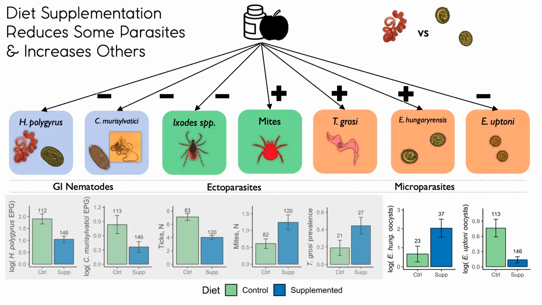So it's likely that unless there's that competitive interaction, we just see a reduction in the other Eimeria species. So this indicates that not only are there diverse impacts of nutrition on multiple parasites, sometimes in different directions, but that the interactions between the parasites might actually be important as well.